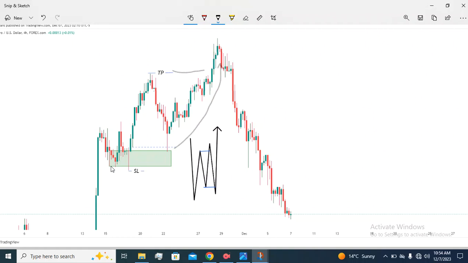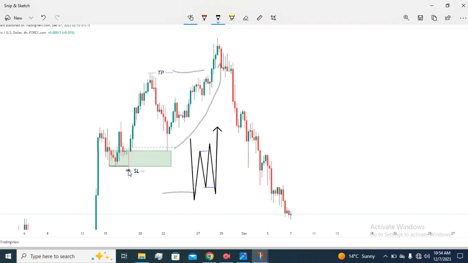So a sweep of liquidity, which is this one. Then this lower low becomes a stronger lower low that we don't expect to be taken if the market is to go by our prediction.